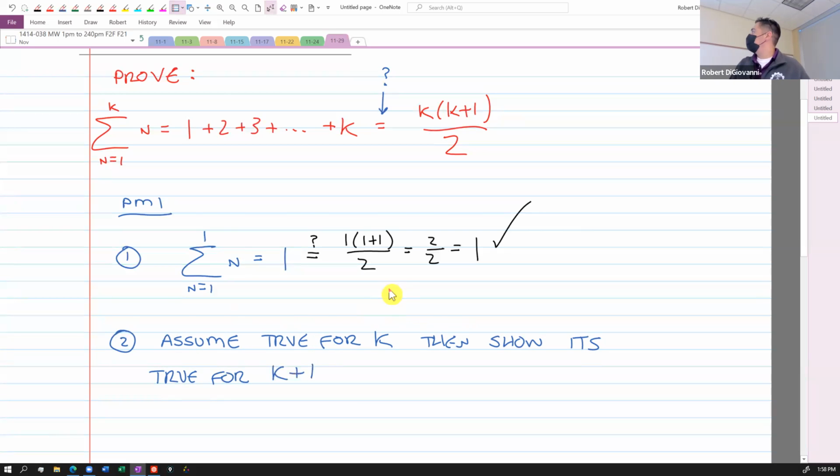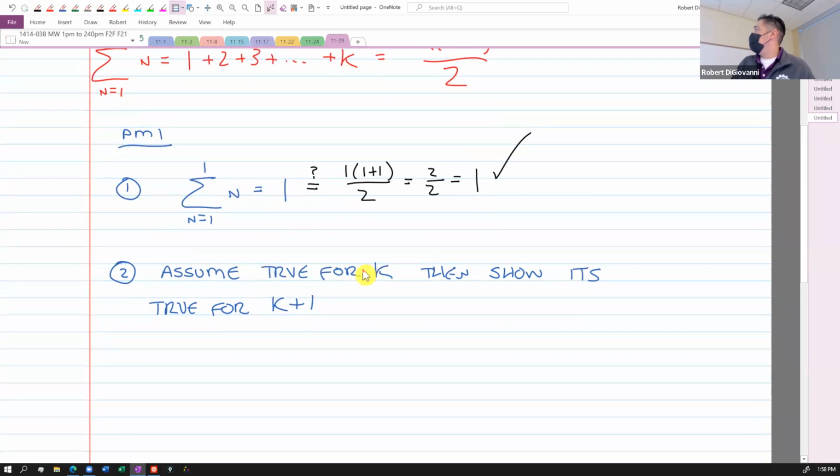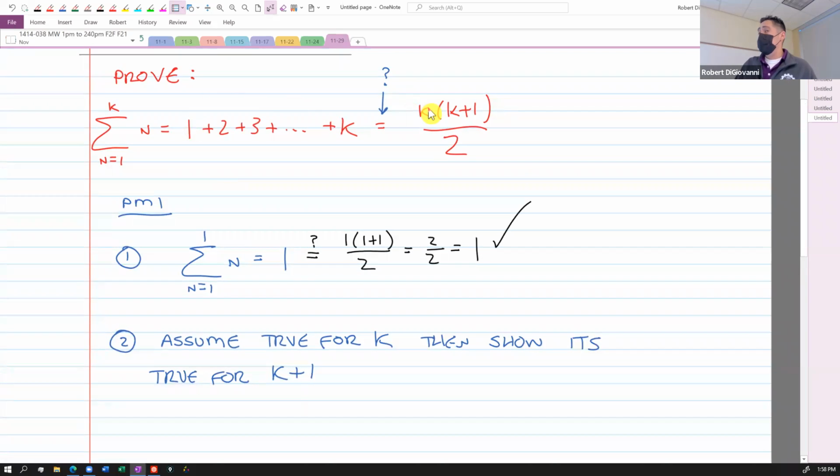So I'm going to assume that the kth domino falls, then I'm going to show you that the next domino must fall, which means I have to assume that this is true for k, and then show that somehow it would be true for k plus 1. This is the hardest part of this, okay?